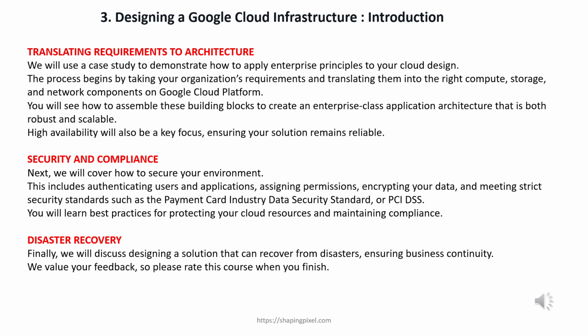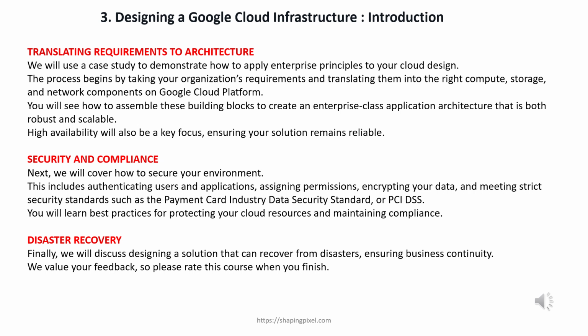Welcome to designing a Google Cloud infrastructure. In this video, you will learn how to build an enterprise IT solution using Google Cloud Platform, or GCP. To get the most out of this guide, you should already be familiar with the core components of GCP. We will use a case study to demonstrate how to apply enterprise principles to your cloud design.